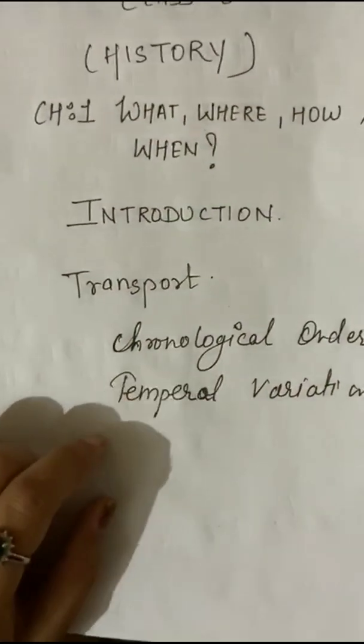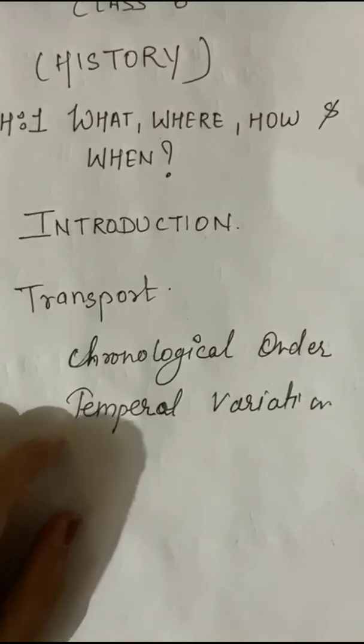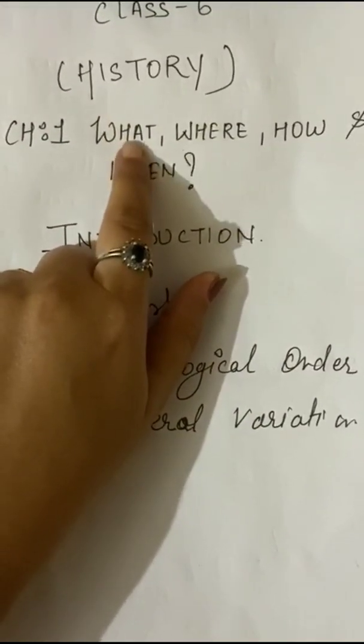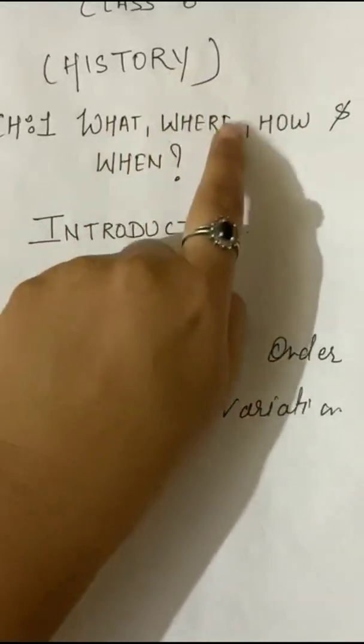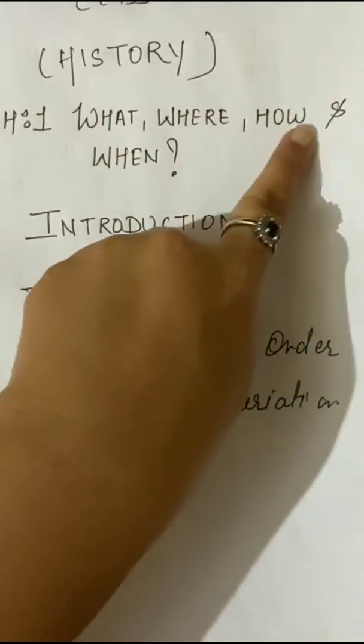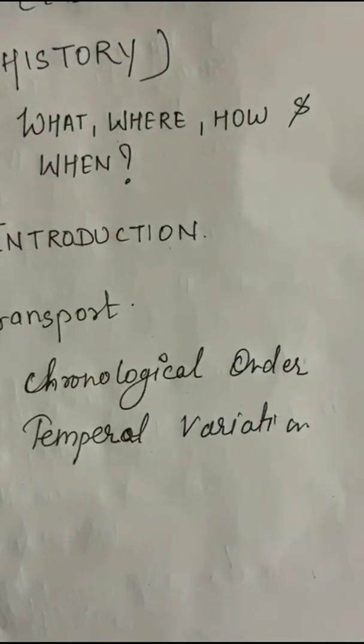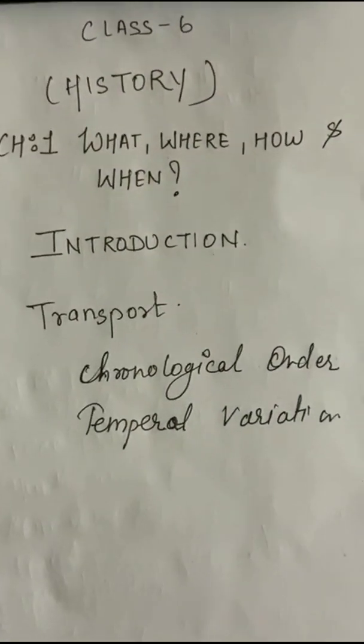We will discuss in detail what we are going to study in this chapter: what kind of changes they are, where they started, how that happened, and when it happened.